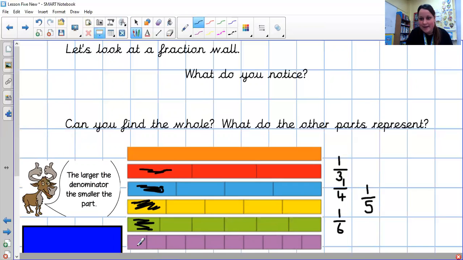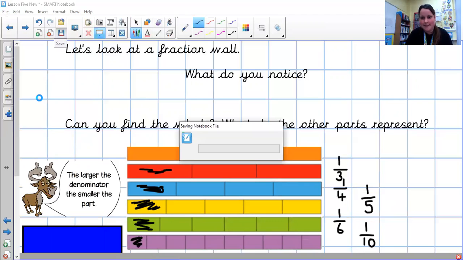The last example then, let's count how many equal parts we have here. 1, 2, 3, 4, 5, 6, 7, 8, 9, 10. So this time, my whole has been divided into 10 equal parts, and I am interested in 1 out of those 10 equal parts. So just have a little look and see what you notice.